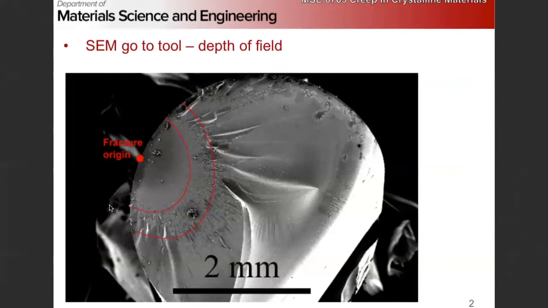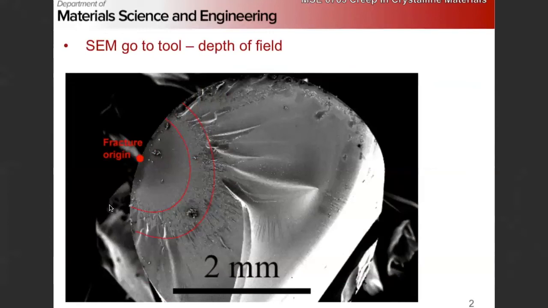What about TEM? TEM, right? You're far away, right? So you've got a very narrow angle, right? So that means we have a huge depth of field. But what's the problem with using the TEM? Well, it's site specific, right?